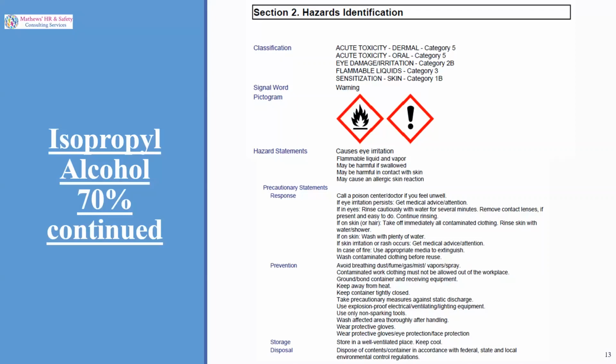You want to make sure that you're taking precautionary measures and that you are closing the container tightly. You want to prevent against any static discharge. You want to make sure you're using the proper container.